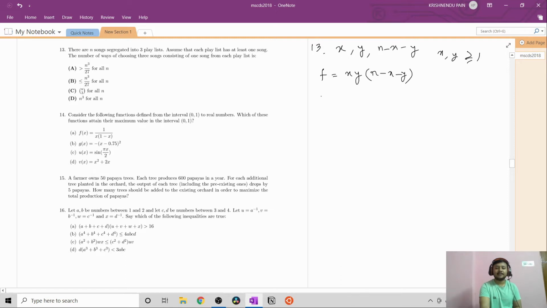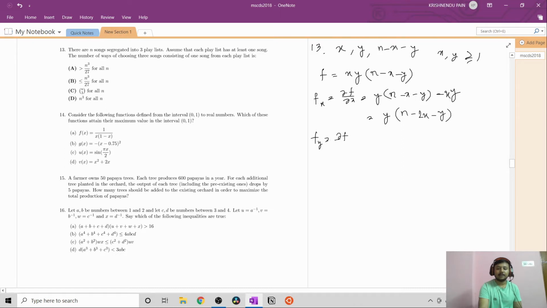So first differentiate f with respect to x, then we'll get fx, that means del f del x, which is y into n minus x minus y minus xy. If you take y common, it will be y into n minus 2x minus y.